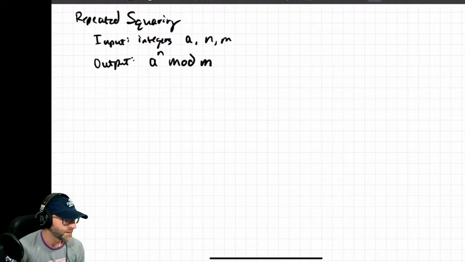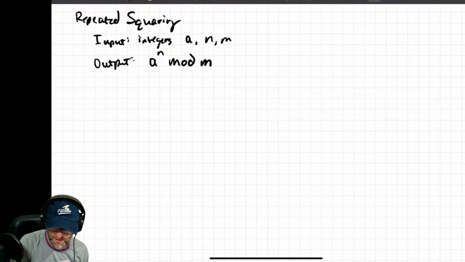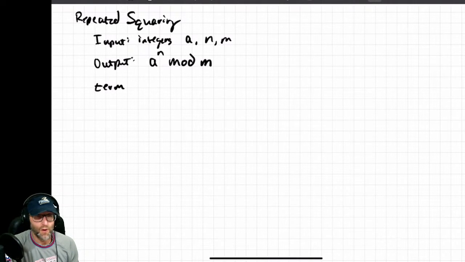All right. So what I'm going to do is keep track of what's called a term. This is similar to what I did with the naive approach that's still running in the background, by the way. You have to start somewhere. Do you start at 1, or do you start at a itself, and then multiply by a, multiply by a?